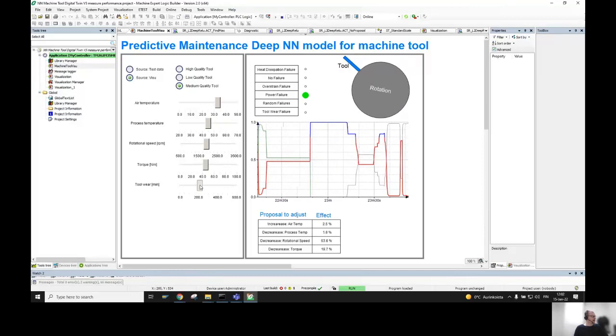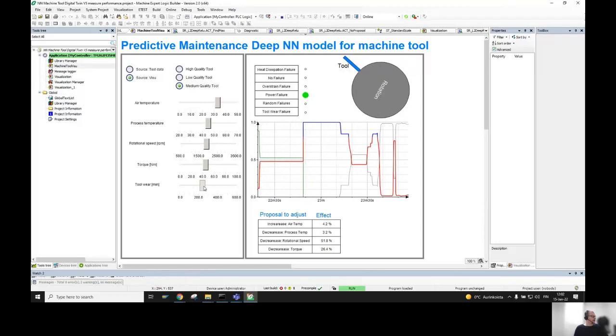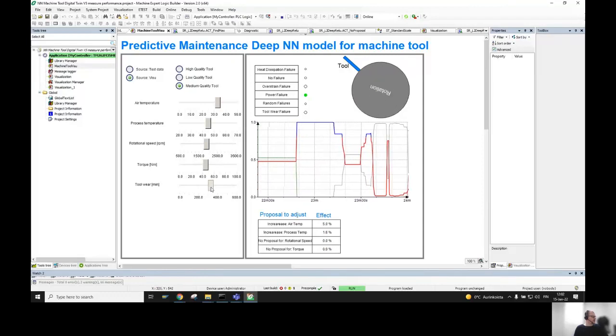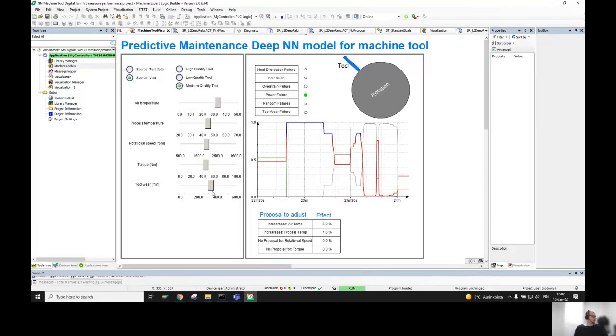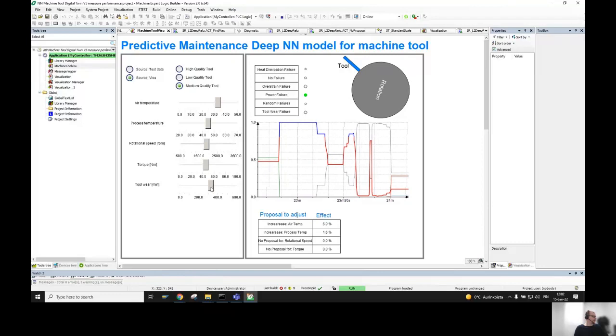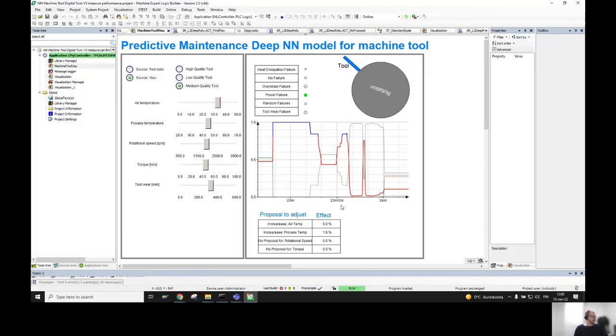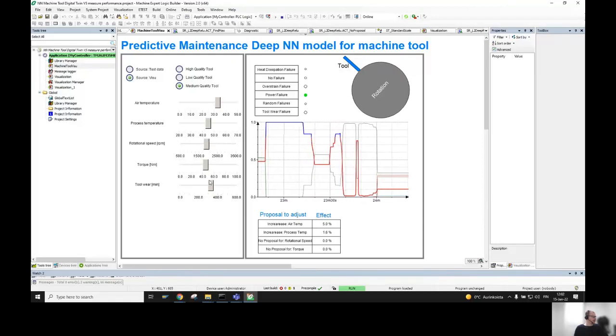Then I will increase tool wear, so I'm kind of running a more used tool. This has now been used over 300 minutes, or 5 hours. So now let's see, I have quite a used tool.